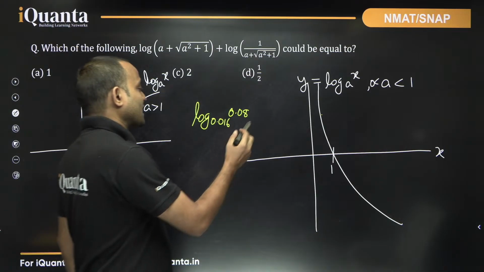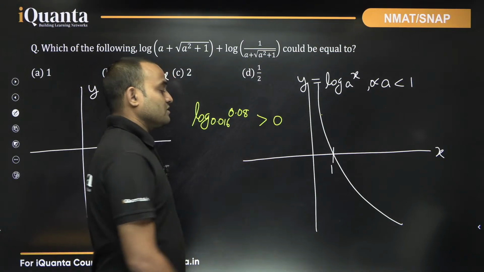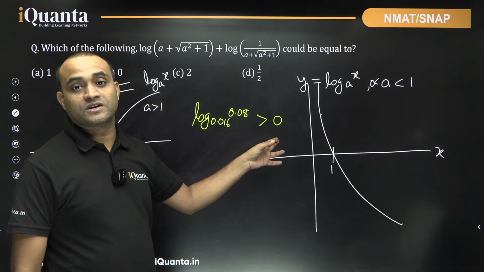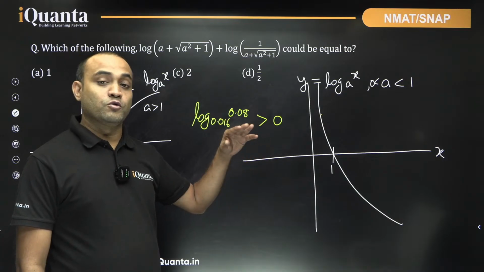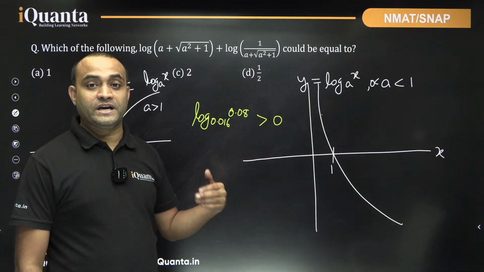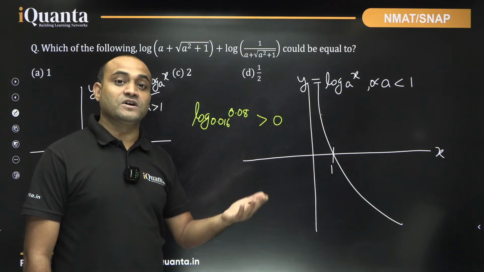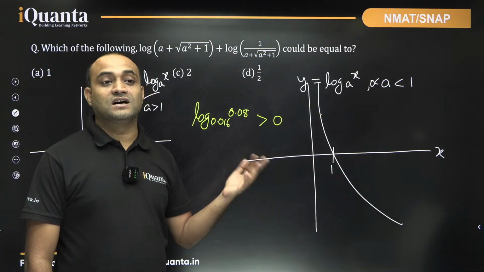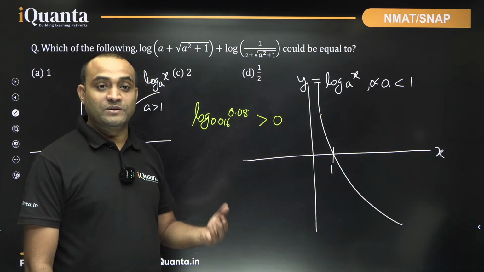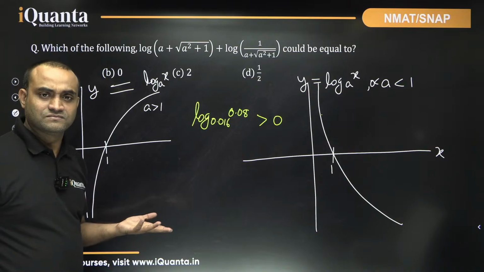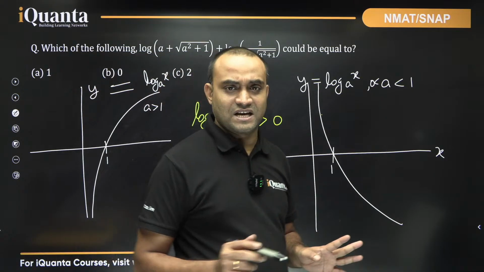If both the values are less than 1, it will be positive. If both the values are greater than 1, it will be positive. If one of the values is greater than 1 and the other value is less than 1, it will be negative. Understood? As simple as that.